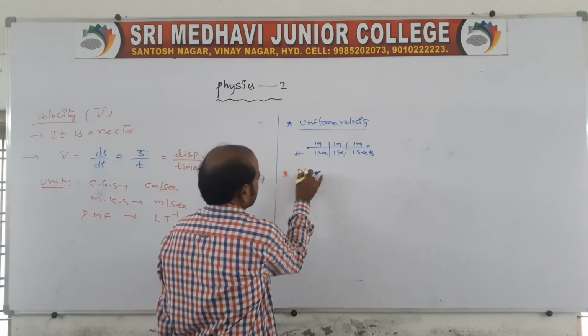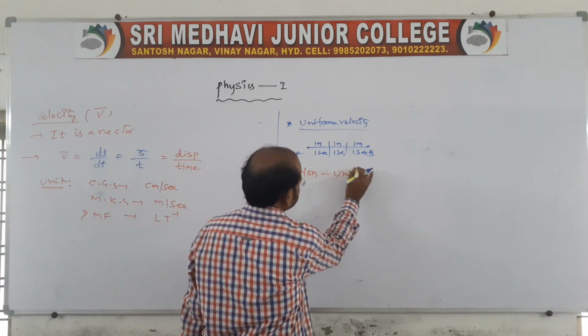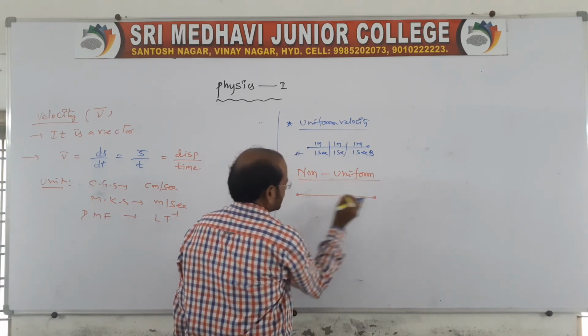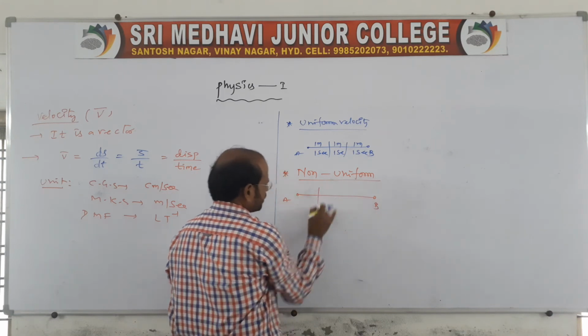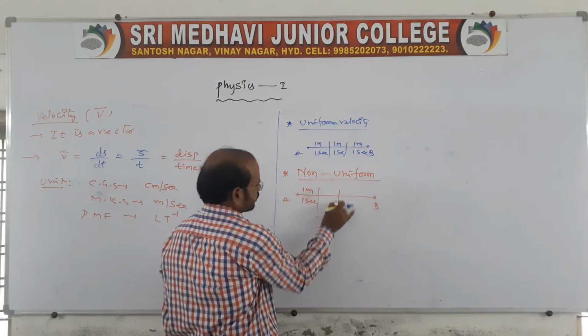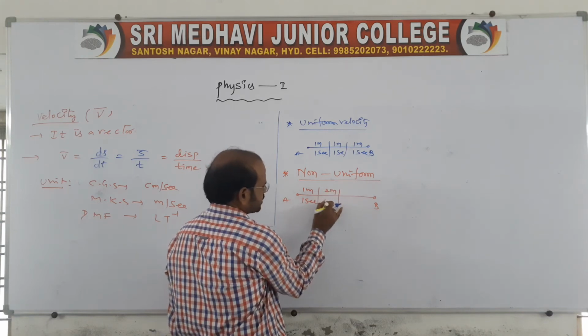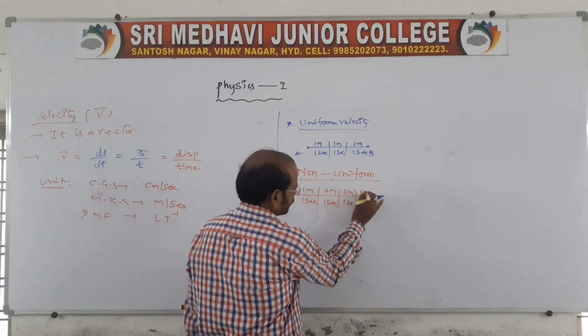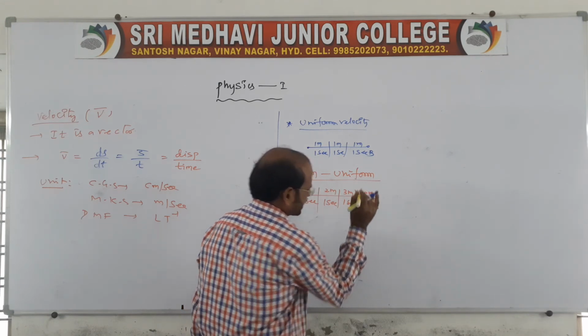Like that, now non-uniform. Non-uniform means, again, in the previous class about speed I told you very clearly: 1 meter displacement takes 1 second, 2 meters displacement takes 1 second, 3 meters displacement takes 1 second, 4 meters displacement takes 1 second.